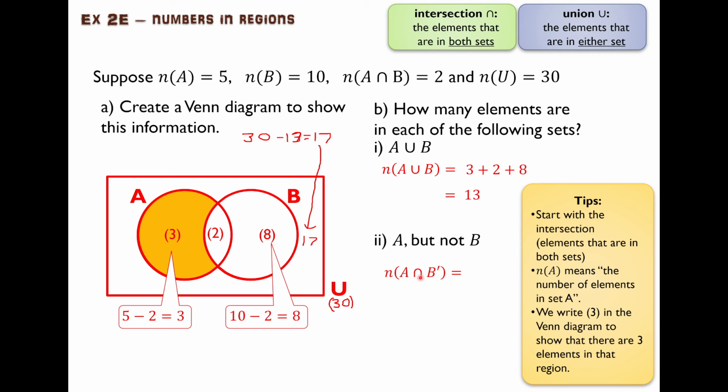The easy part is the answer, the question. A but not in B. That's this section here. There are 3 elements that are in A but not in B.